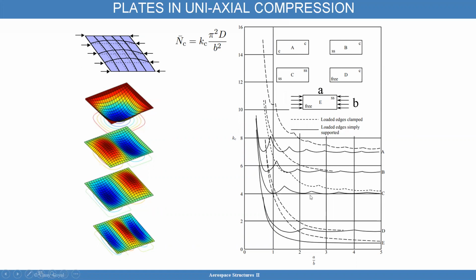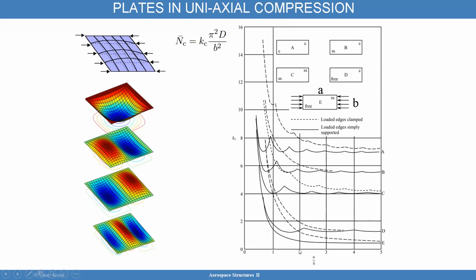The way you use these curves, you calculate A over B, the aspect ratio for that plate, and then you can calculate KC based on these curves. So, for example, say I have situation D, which is a free clamp condition, like a diving board, and I'm applying a load in compression. Say this length is 2 times B. Then this ratio of A over B will be 2.